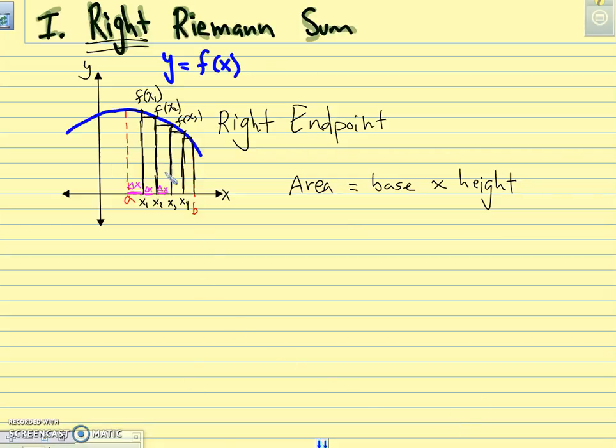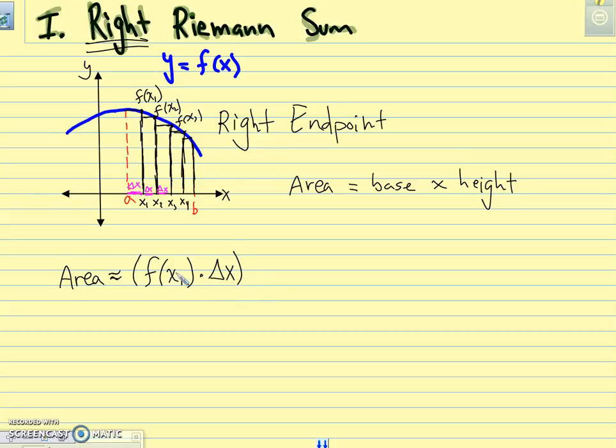Given these 5 rectangles, I'm going to start off by approximating the area. If I have a base of delta x and the height of f of x sub 1, then the area is approximately f of x sub 1 times delta x.